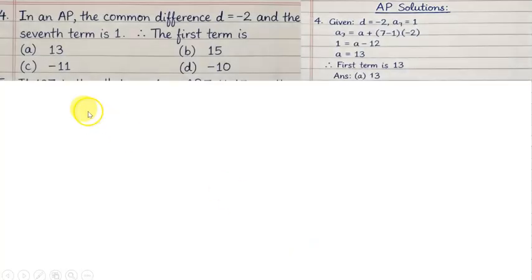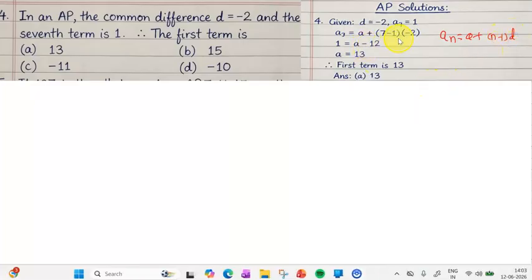Now next, in an AP, the common difference d is equal to minus 2 and the seventh term is 1. Therefore the first term is, now we will see the solution. d is equal to minus 2. Seventh term means what? a7 is equal to 1. Now what is the formula for an? an is equal to a plus (n minus 1) into d.